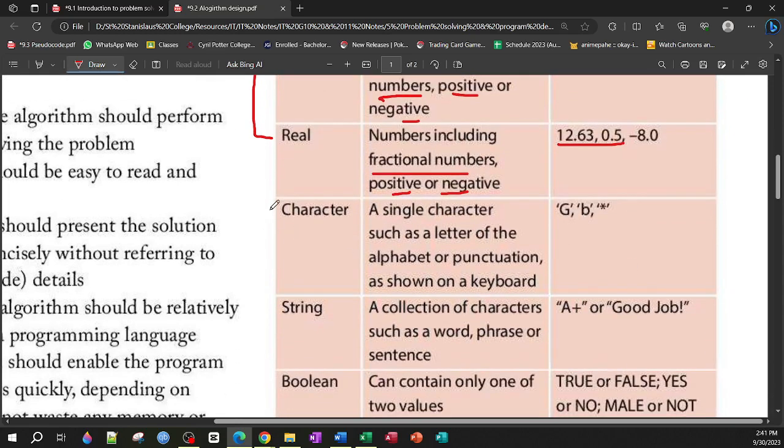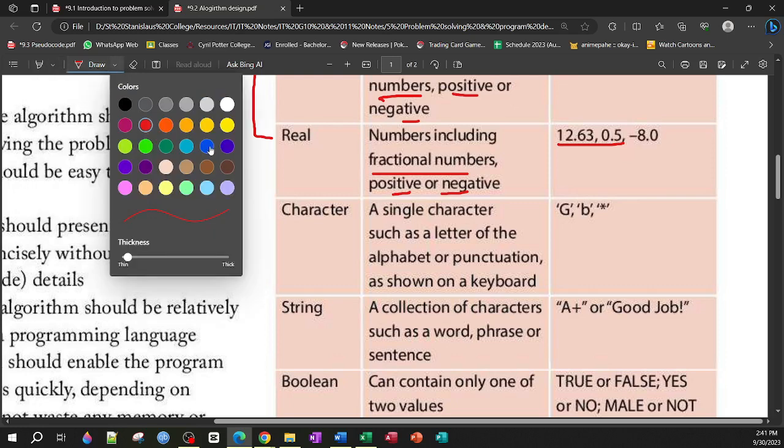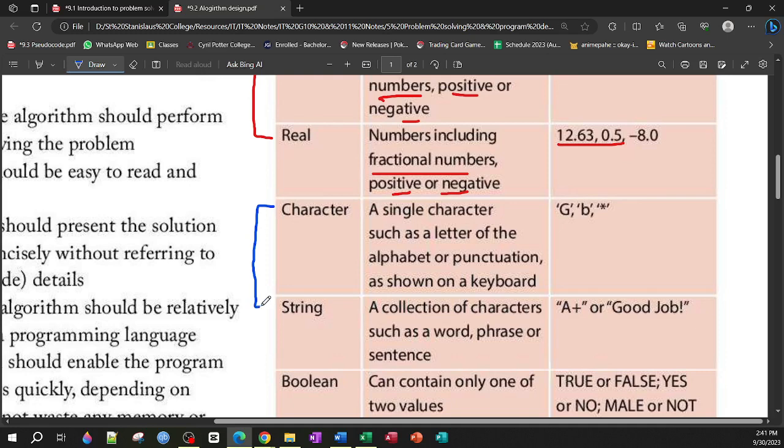Now, the character and the string are similar also. Let's look at the character first. A character is basically a single character. Only a single character can be stored.